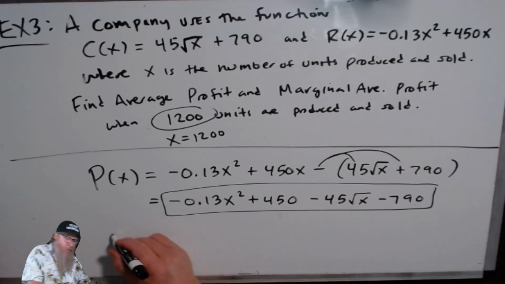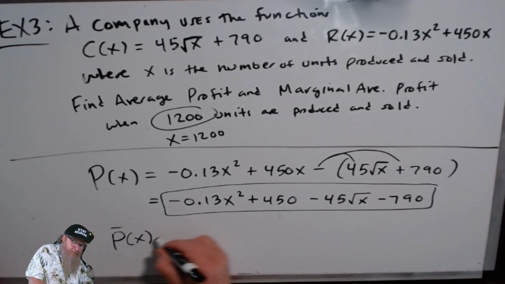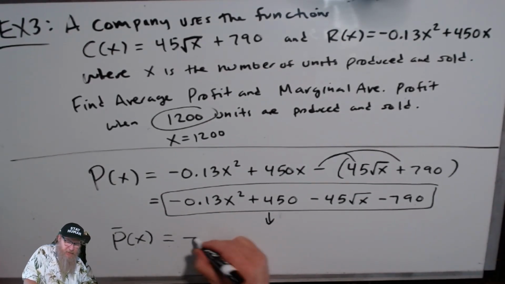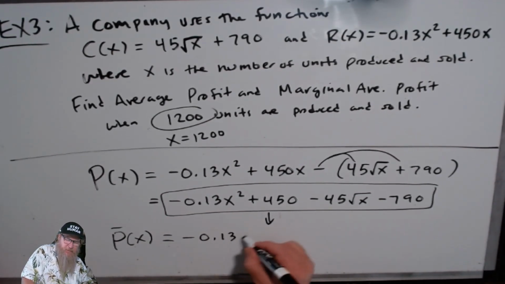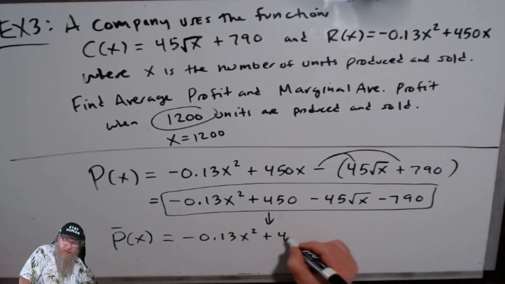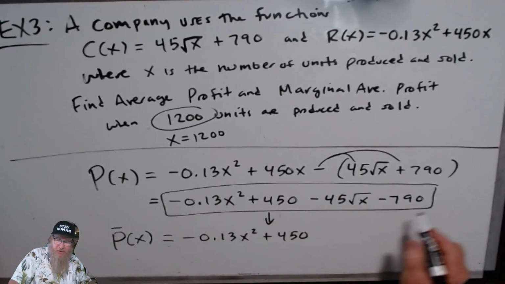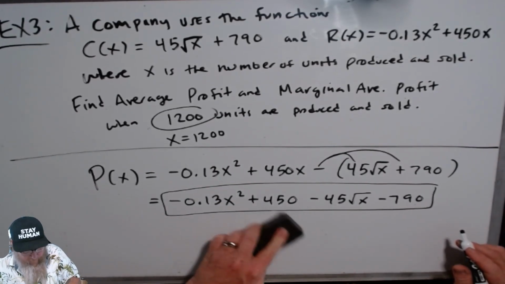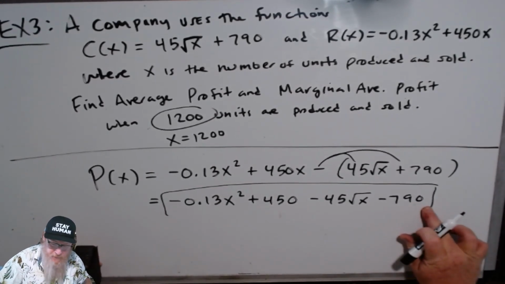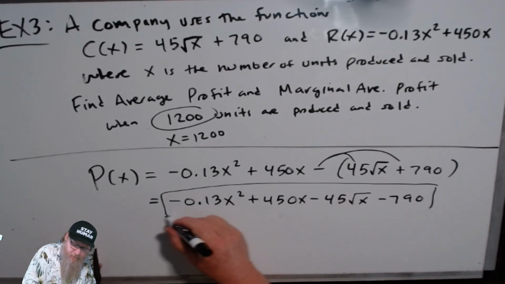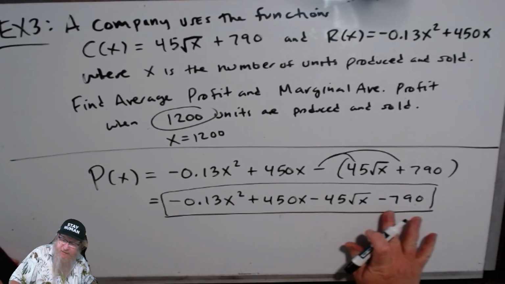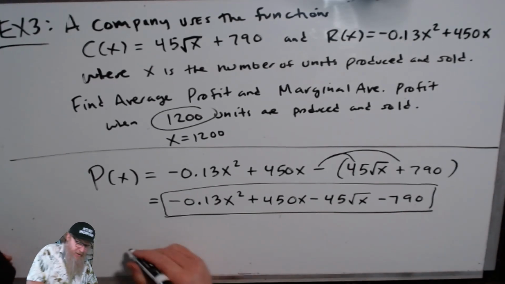All right, so now I want average profit. Just copy this down and divide by X. Unfortunately, wait a minute. I boxed it too soon. When I divide by X, yeah, let's do that.